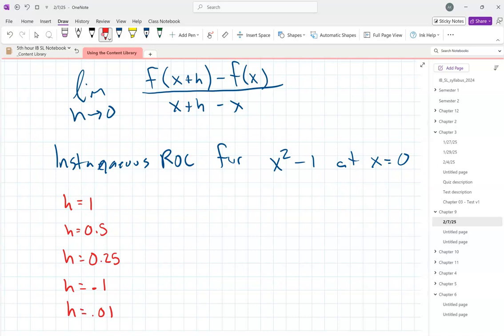So we'd be doing, let's put an f of x in here. So I'd have f of 0 plus 1 minus f of 0 over 1 minus 0. So that's going to be 0 plus 1 over 1, 1.